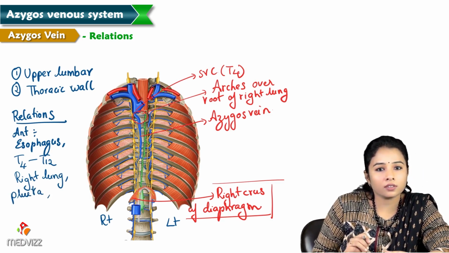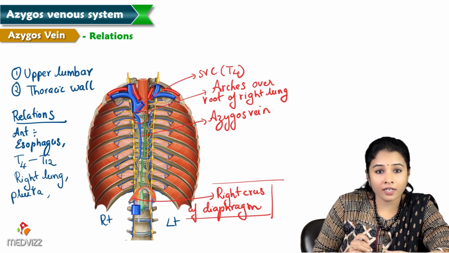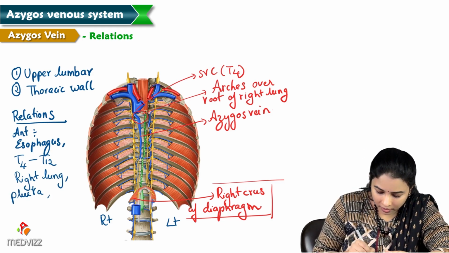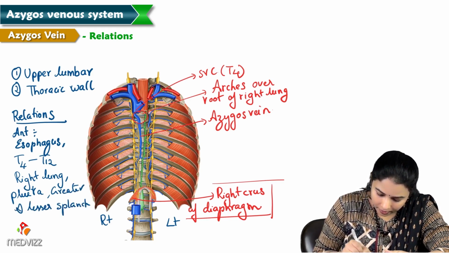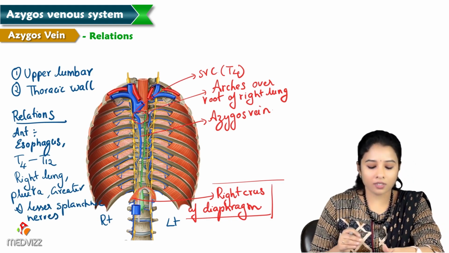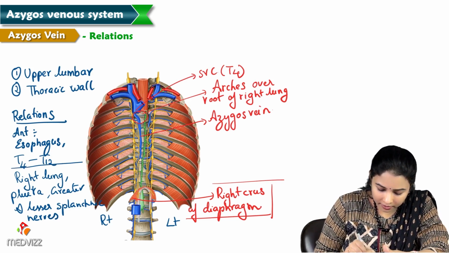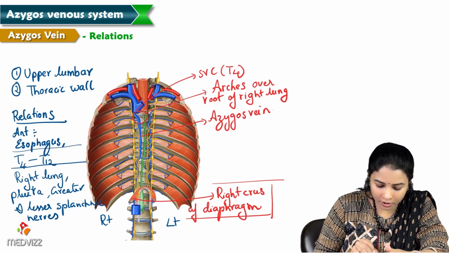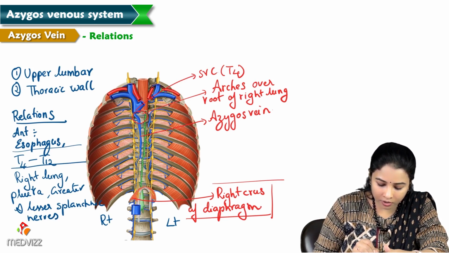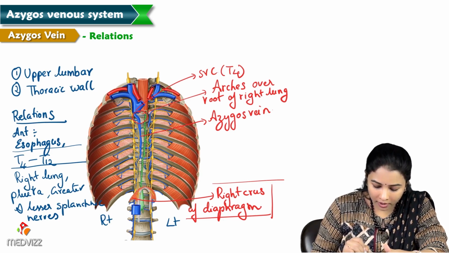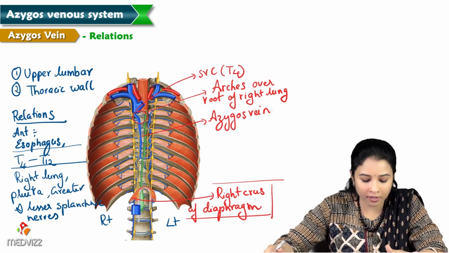And it is also related to the right greater and lesser splanchnic nerves. So anteriorly it is related to esophagus, posteriorly it is related to T4 to T12, and on the right side it is related to right lung, pleura, greater and lesser splanchnic nerves.